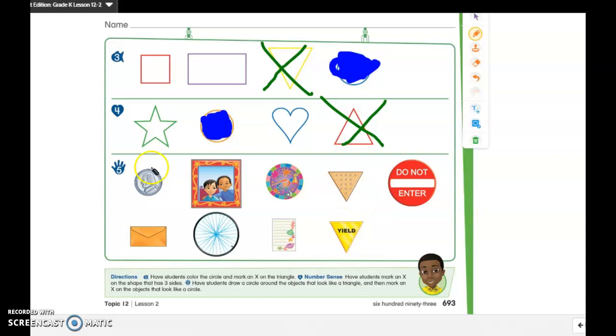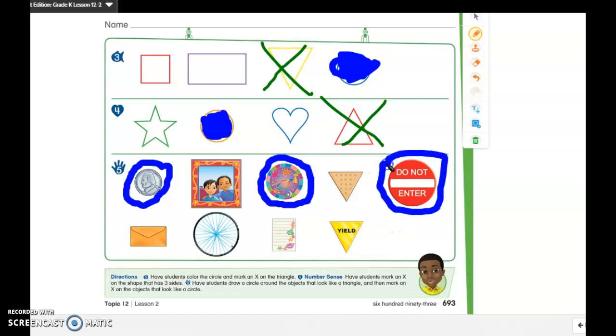Okay, that should be enough time for you. I'm going to circle. Does anyone know what that is? Looks like a nickel or a coin, right? I'm going to circle, it looks like a party plate. I'm going to circle the do not enter sign and the wheel.